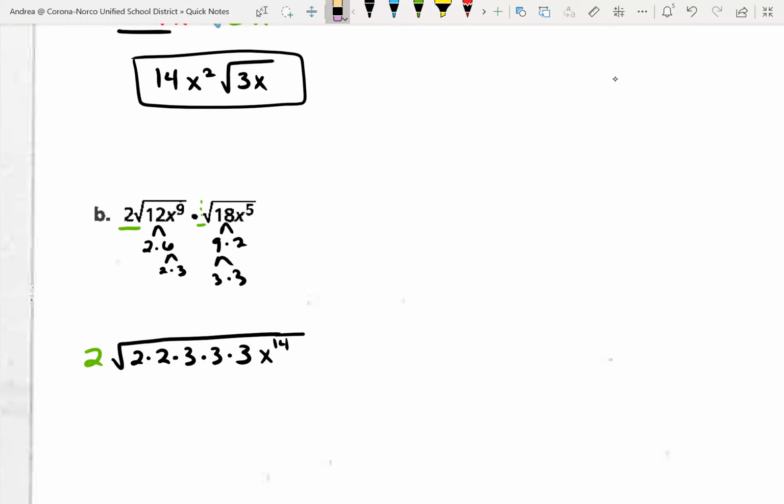Any questions so far? Okay, find your pairs. Try and simplify that for me.